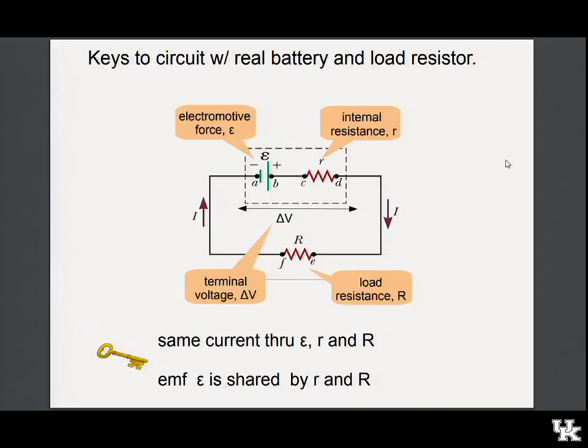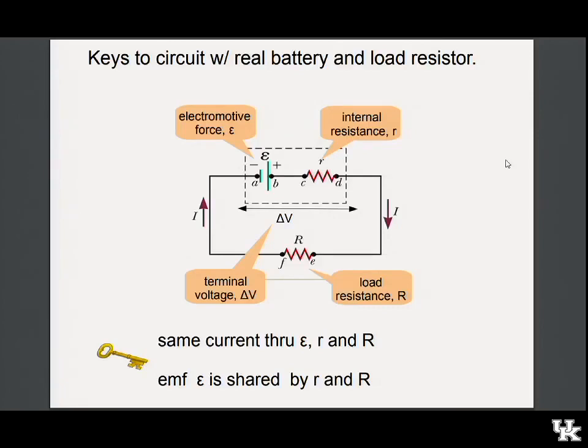So maybe, if you were drawing a lot of current from the battery, maybe the load resistance would get 1 volt and the internal resistance 0.5 volt. Maybe if you were just drawing a little current from the battery, maybe the load resistor would get 1.49 volts, and the internal resistance would have 0.01 volts. So they share that EMF that's supplied, that 1.5 volts.